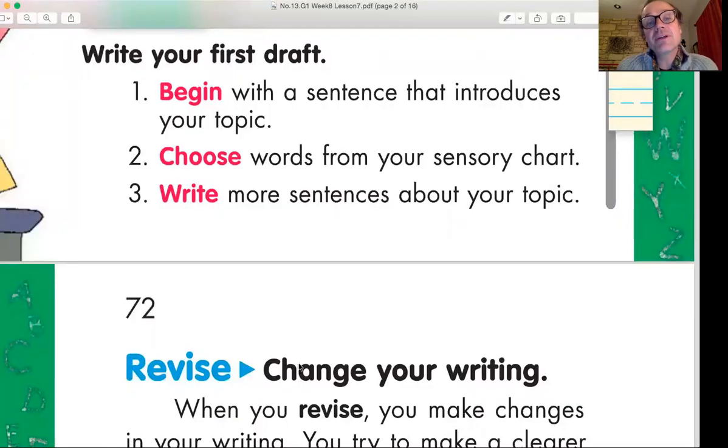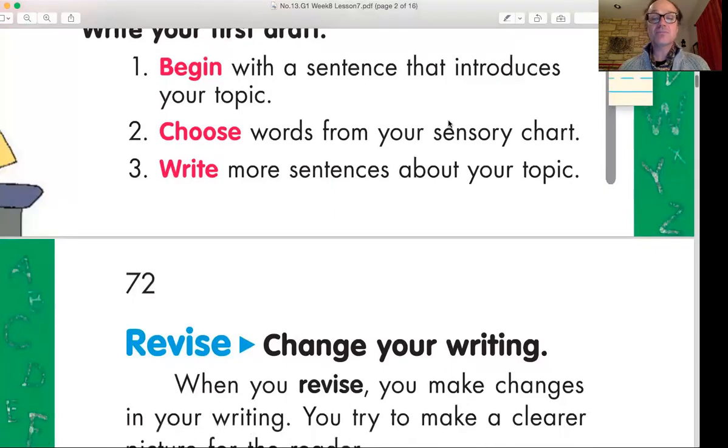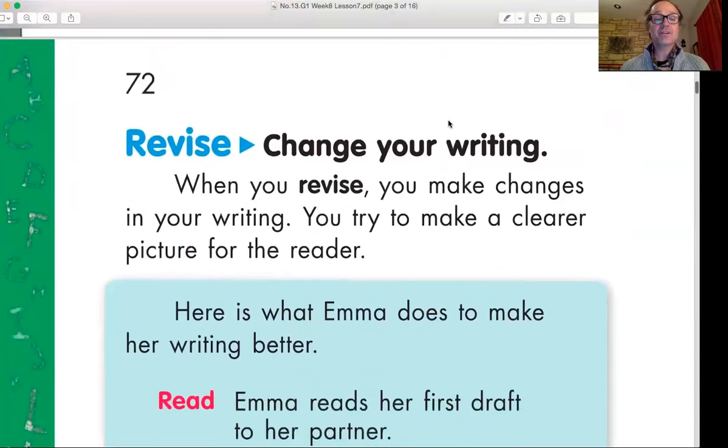You can stop the video right now and do what Emma did. Choose a topic, and then write your introduction, your first sentence, and then go through a sensory chart. What does it look like? What does it sound like? What does it taste like? What does it smell like? What does it feel like? And then write more sentences about your subject.